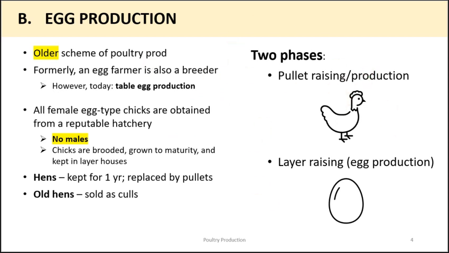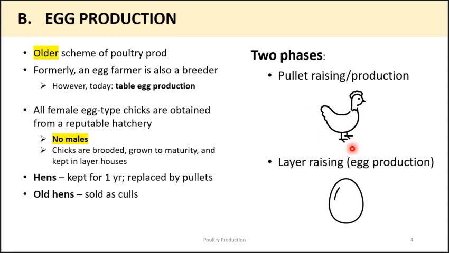The first one is pullet raising or pullet production. Okay, we are raising hens and roosters to produce eggs and then allow the eggs to hatch, after which the chicks are raised until they become pullets. Okay, if you recall our farrow breeder operation in swine production, pullet raising is the same.